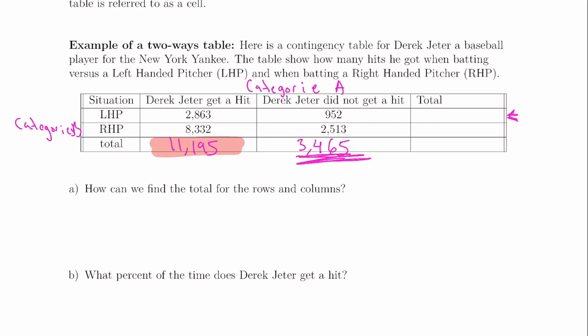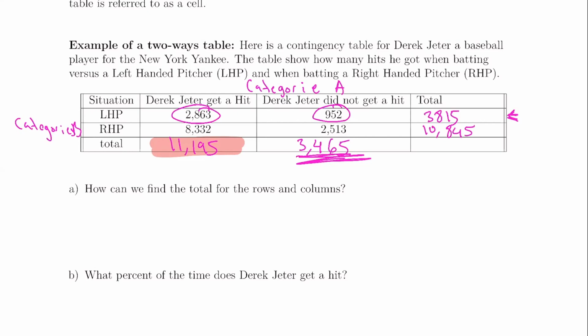To get this row, you have to do the 952 plus the 2,863, and you get 3,815. Lastly, we're going to do 8,332 added to 2,513, and you get 10,845.